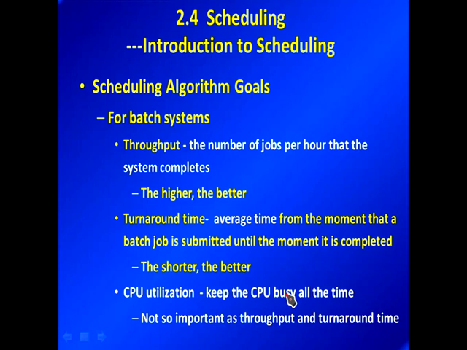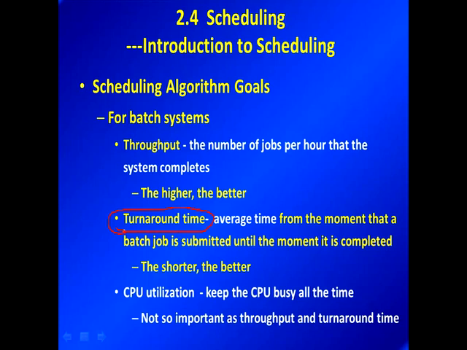You can get different values on these three criteria if you apply different algorithms on exactly the same batch of jobs, because different algorithms have different schemes to finish the same jobs. But the most important criterion for you to understand is the second one, turnaround time.